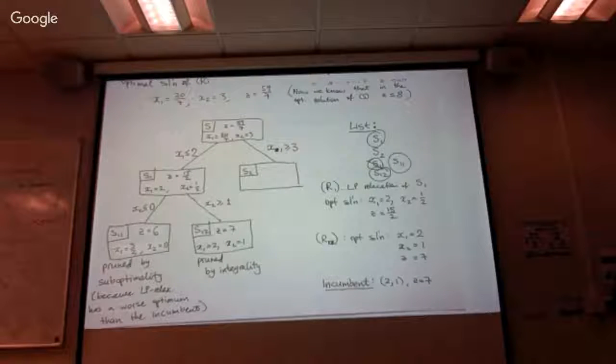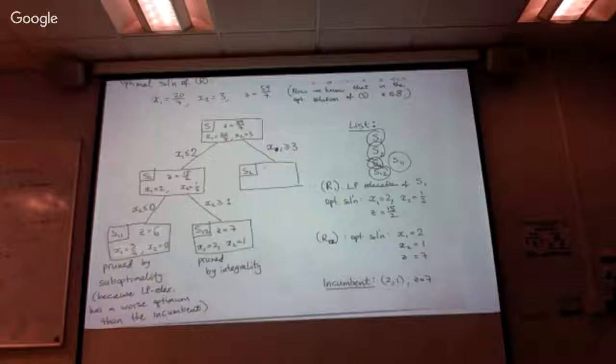Okay, I go on my list, I pick a problem on the list. There's only one, S2. Solve the LP relaxation of S2. Turns out that the LP relaxation of S2 is an infeasible LP.